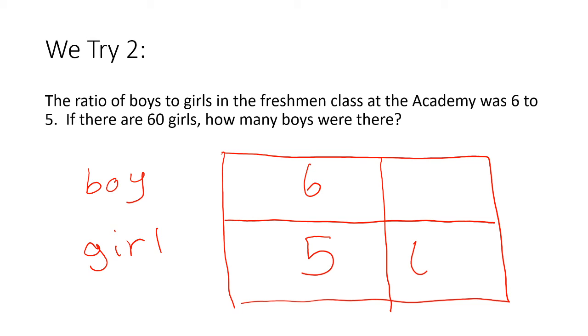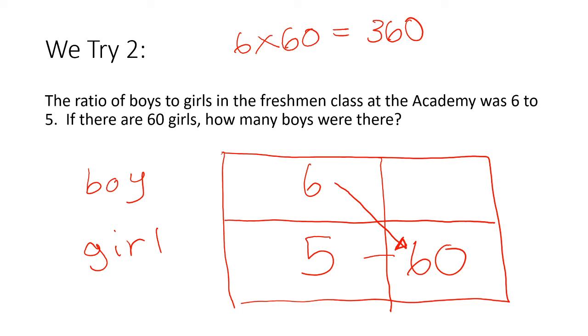If there are 60 girls, I want to find the number of boys, so I'm going to multiply across starting next to the empty space. 6 times 60 is 360. Then I want to divide across.